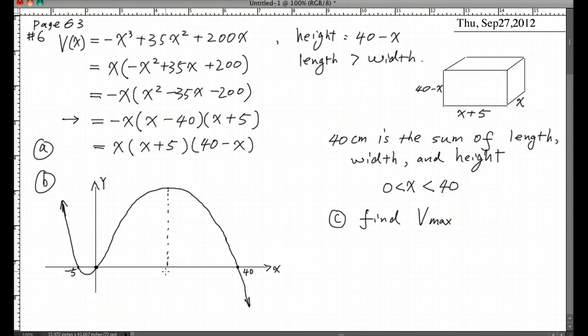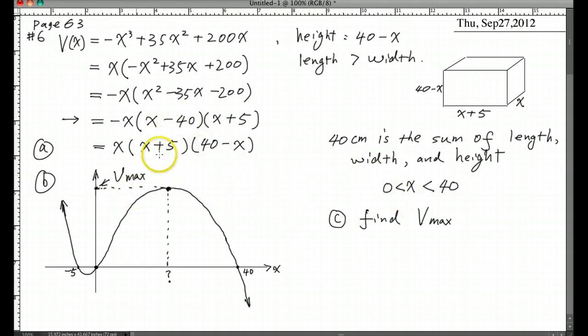We don't really need to find this x by hand, but when you use graphing technology, you can find it at the same time as you find the volume. This value on the y-axis should be the V maximum, so this is the point we're looking for.